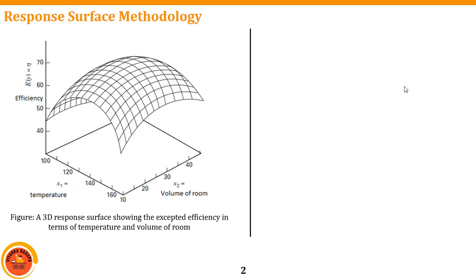Here, if you observe, this particular graph shows us the input in such a way that our efficiency, in our example the yield, and the temperature and volume of the room are nothing but temperature and pressure. You can assume like that. You can take multiple examples; I am taking a room. If we plan to go towards the top surface, that is maximizing the response.